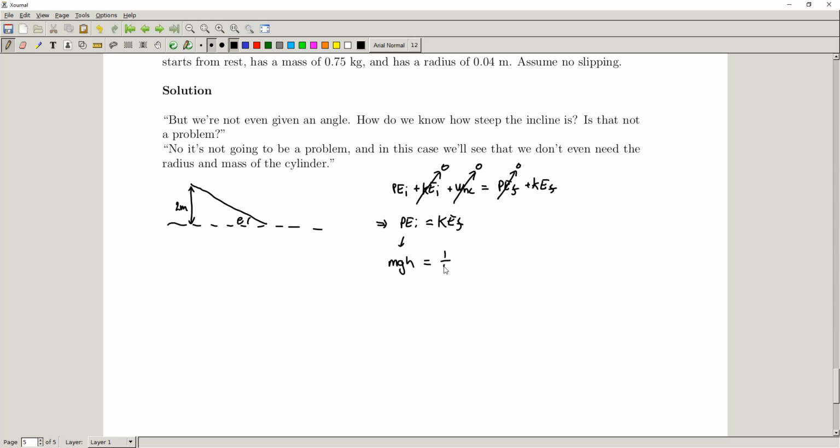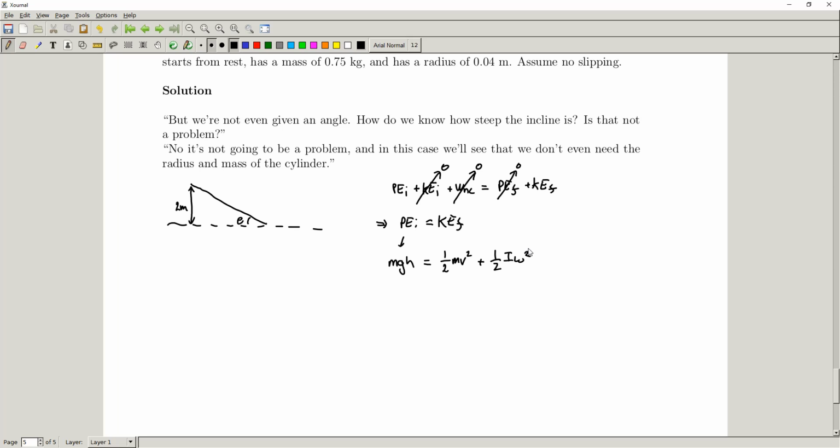I'm going to write down that maybe it has some translational kinetic energy associated with it, and maybe it has some rotational kinetic energy associated with it, right? So we have both of our kinetic energy terms there. To be able to solve for this, we need to keep in mind what we're looking for here, right?